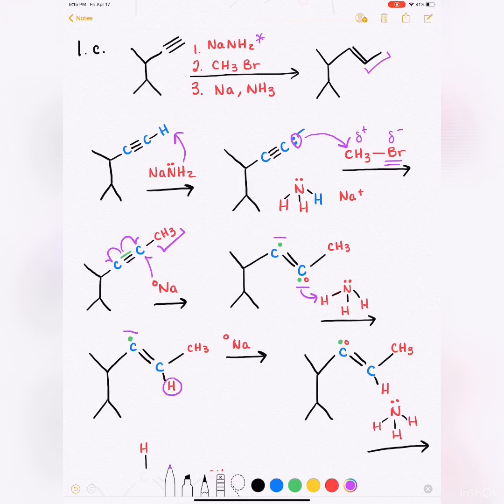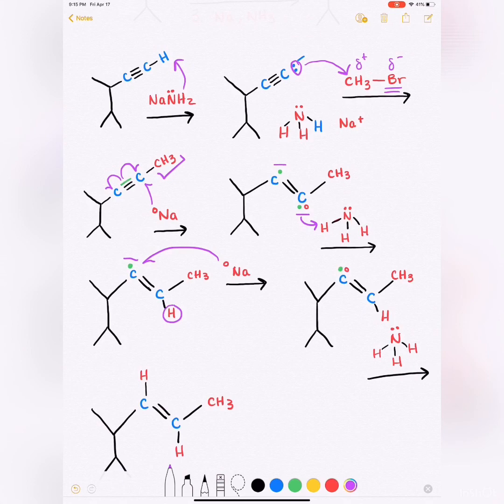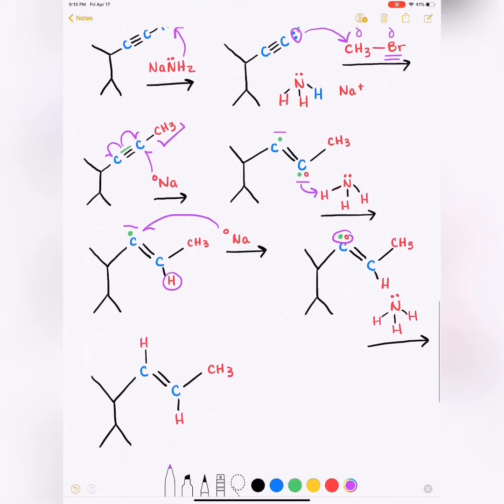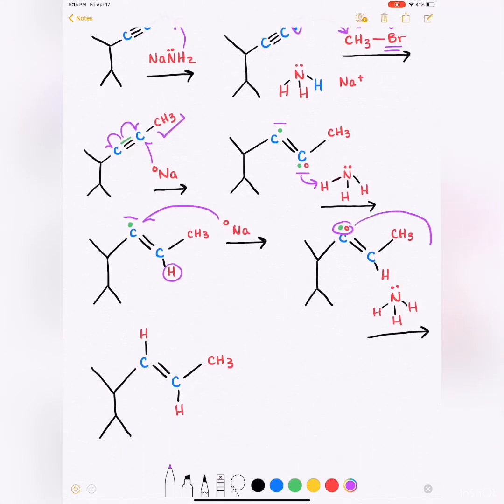The other sodium radicals in solution are going to donate 1 electron, and that will create this lone pair. That lone pair can once again reach out and attack a hydrogen from the ammonia in solution, creating this hydrogen bond, finishing off our product of E-4,5-dimethylhexene. And it's E because the higher priority groups are not on the same side.